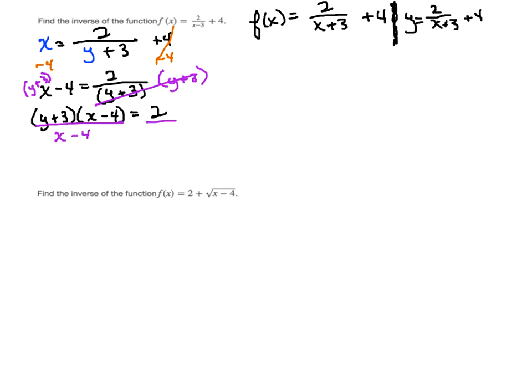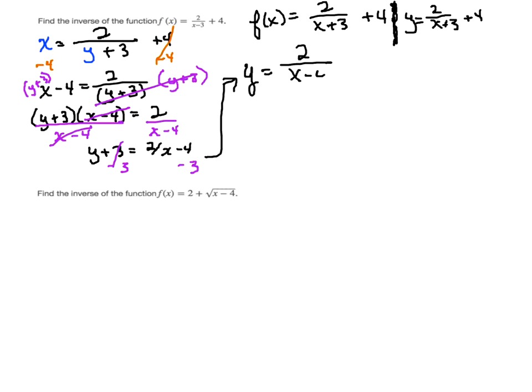So I divide by X minus 4 on both sides, so it goes away there. Now all I have left on the left-hand side is Y plus 3, and that equals 2 over X minus 4. I need to subtract 3 from both sides, and that'll have my Y value isolated. So Y is equal to 2 over X minus 4 minus 3.